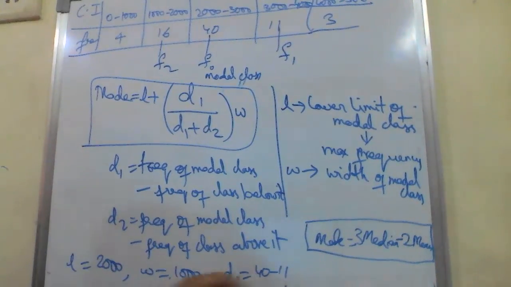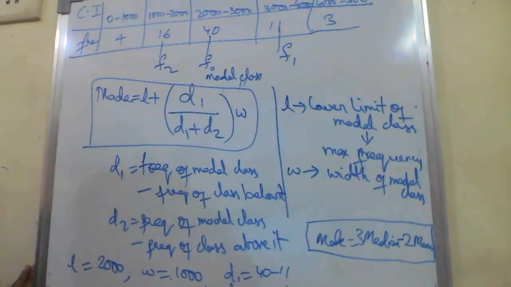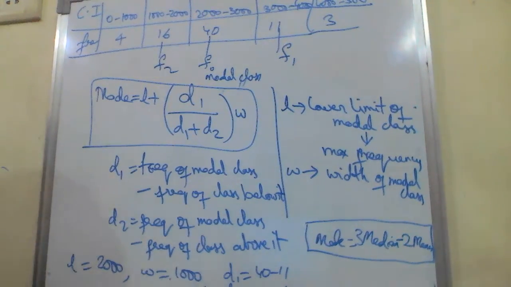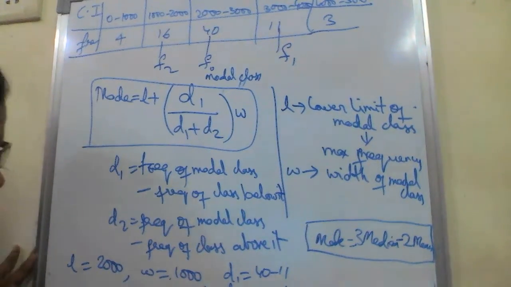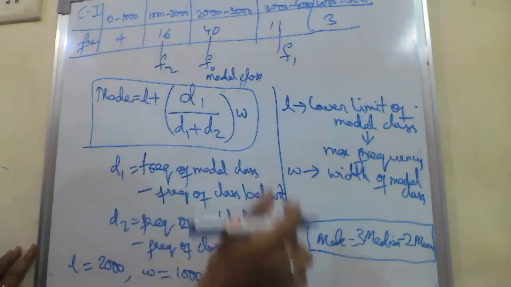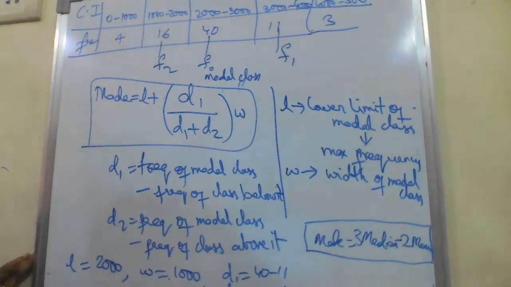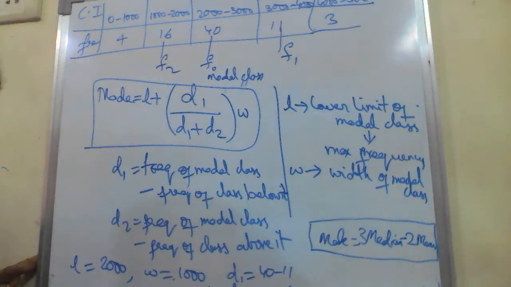Suppose median and mean are given, just find the mode with that particular formula. Now substitute these values. L is 2000 plus D1. D1 is 40 minus 11, so 40 minus 11 will be 29. 29 by, this is 29 plus 40 minus 16, 24, into W, which is 1000.